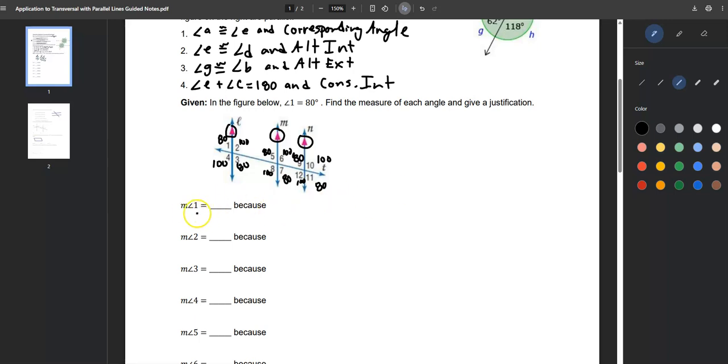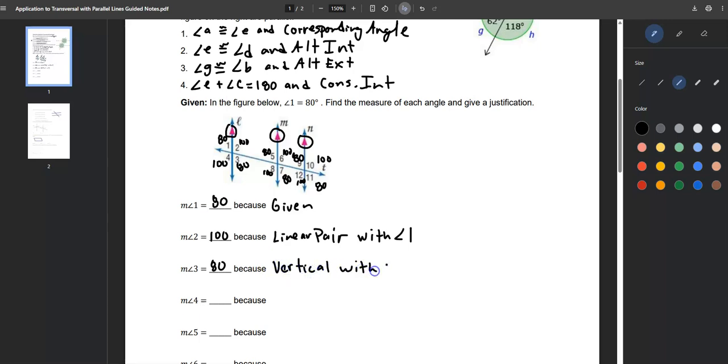So if I look at this one, angle 1 is equal to 80 because it's given to me. But angle 2 is 100 because it's a linear pair with angle 1. Angle 3 would be 80 because it's vertical with angle 1.